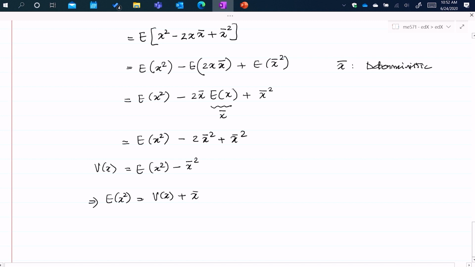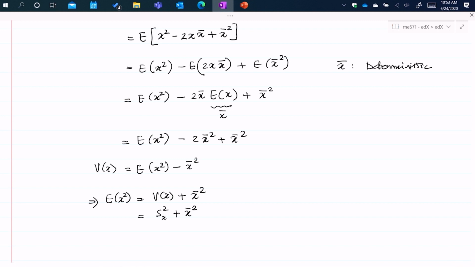Now, insofar, I have not distinguished between population variance and sample variance, population mean and sample mean. And we will make that distinction as necessary, but for most of what we will do, we will not distinguish between them. We will not use mu and sigma as much as possible.